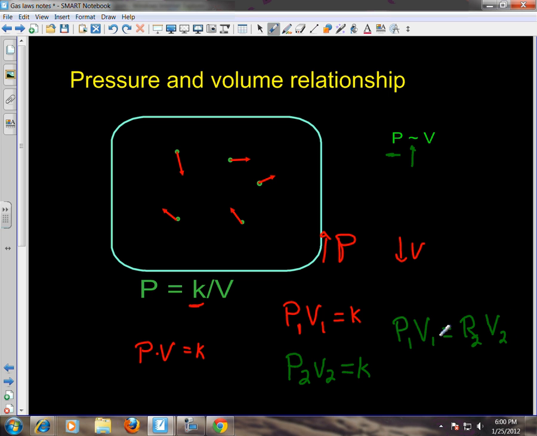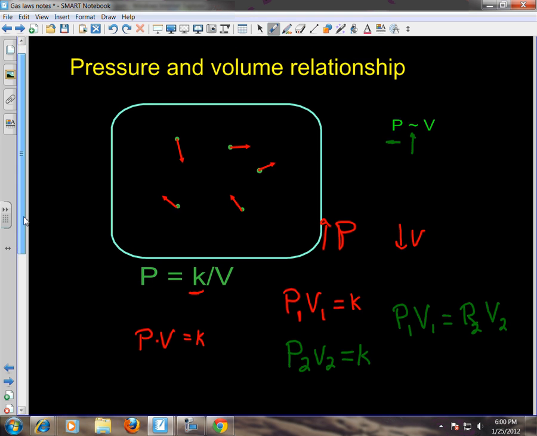So this is an inverse relationship, but from an initial situation we can change the volume and say, I believe the new pressure will be this. One of the things we'll experiment with in this class is this relationship.